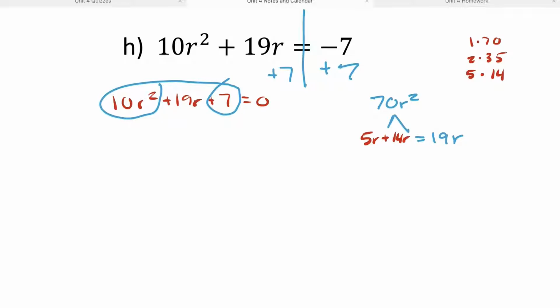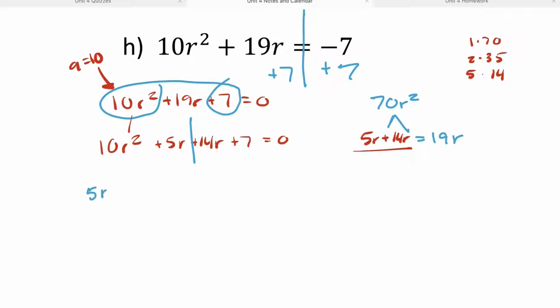And again, since the leading coefficient a is not 1, a is 10, we would need to substitute this in. So we'd do 10r squared, that's the same, plus 5r plus 14r plus 7 is equal to 0. We'd do our grouping. Greatest common factor for the left side, we could take out 5r.